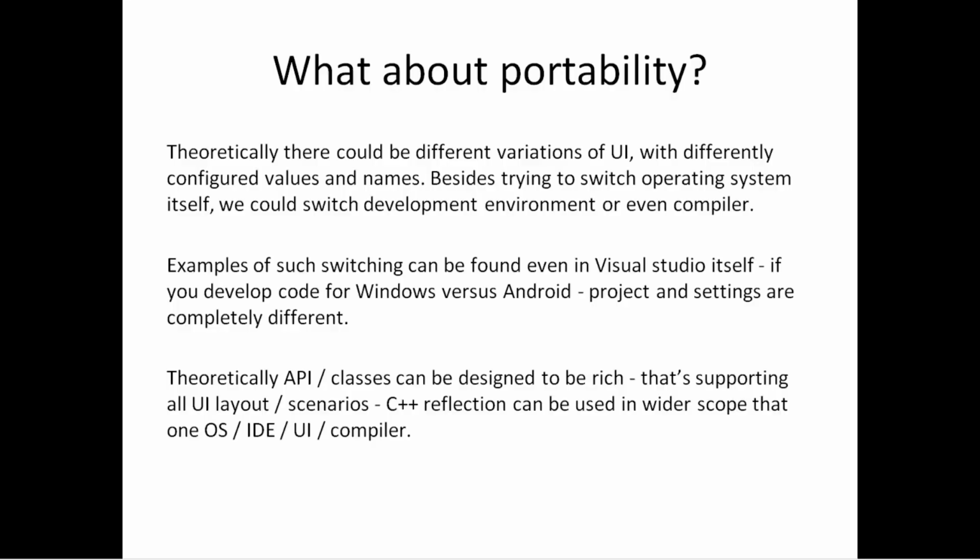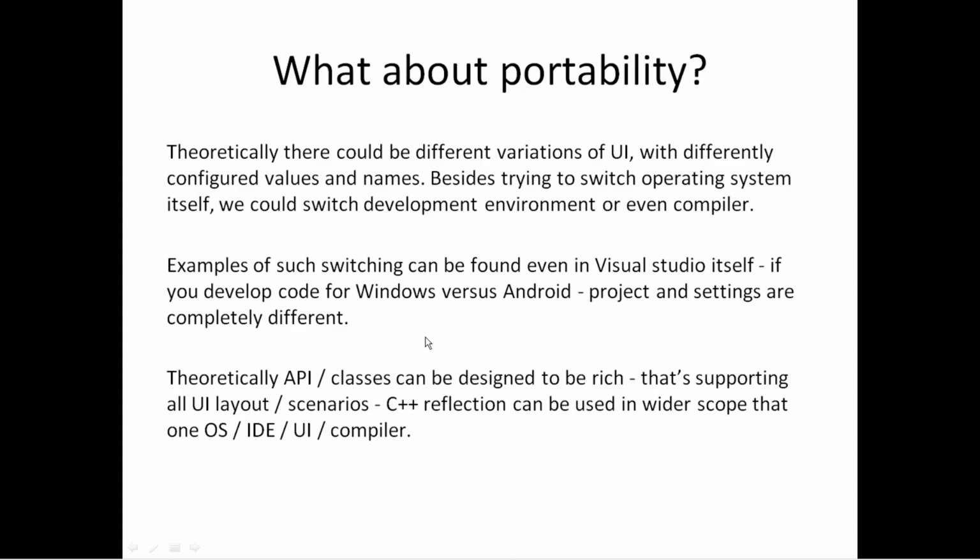One question which you can ask is, what about portability? We could change the development environment, switch from Visual Studio, or use a different compiler. In Windows currently it's possible to develop, for example, an Android project, and they are using the Clang compiler, for example, and they have completely different project configuration pages.